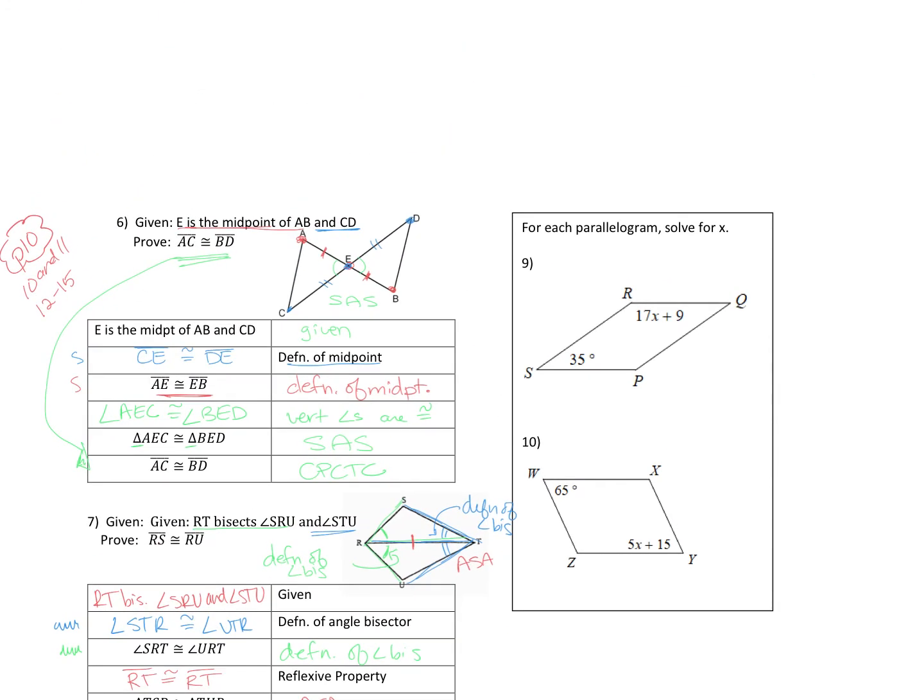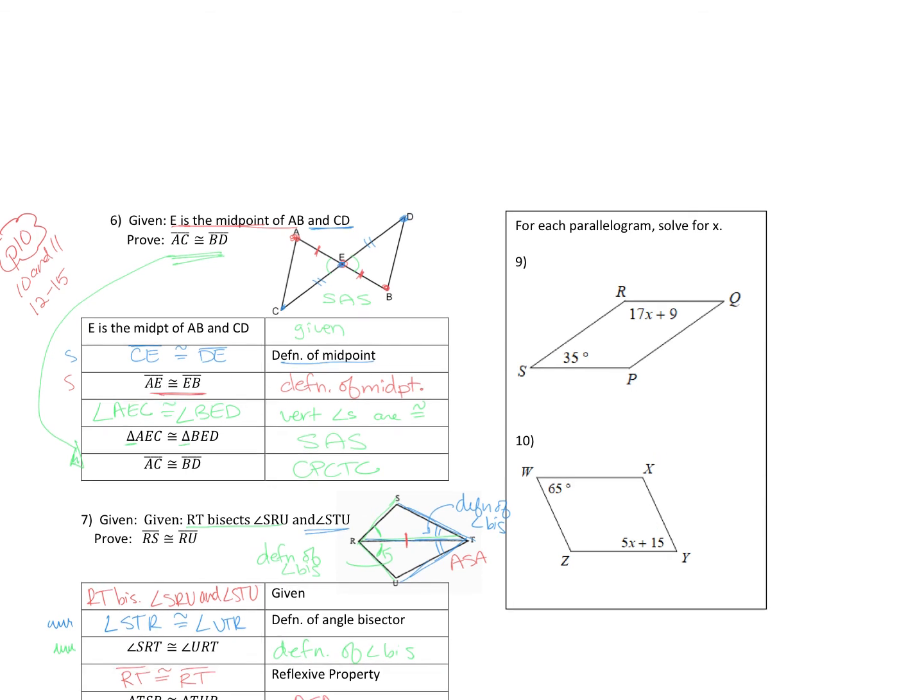Sorry, I feel like now that I look at it closer, they wanted the 17x plus 9 to go with R. But for it to fit the theorem we proved in class, that opposite angles of a parallelogram were congruent, for our purposes, I believe what I told you in class is to let Q and S, let the 17x plus 9 go with the Q. Although I feel like it's supposed to go with the, well, I don't feel like it, I know it.